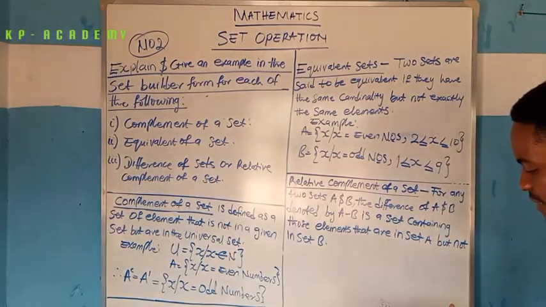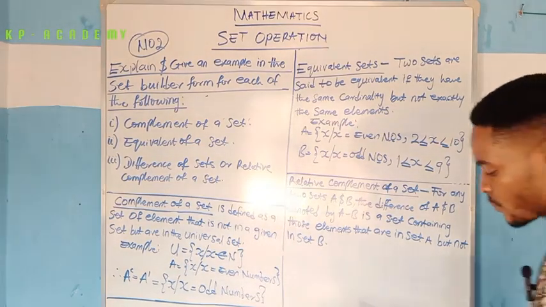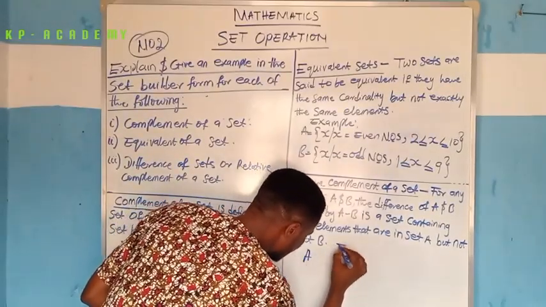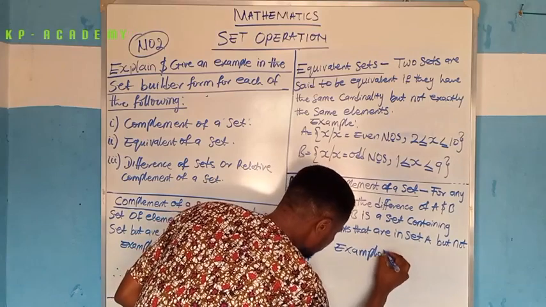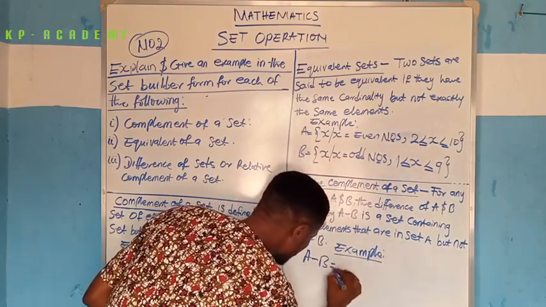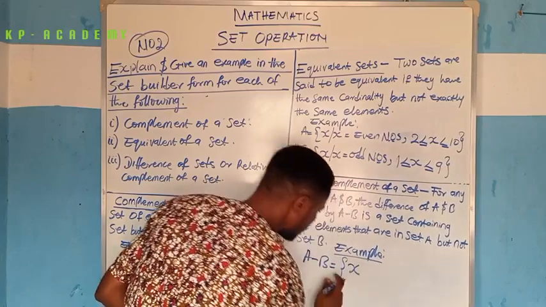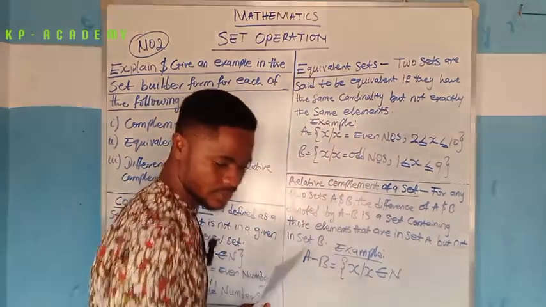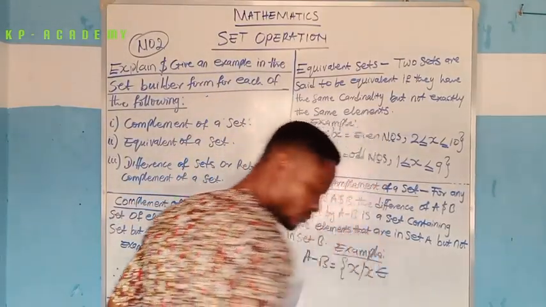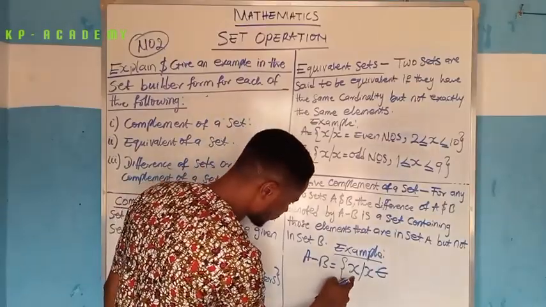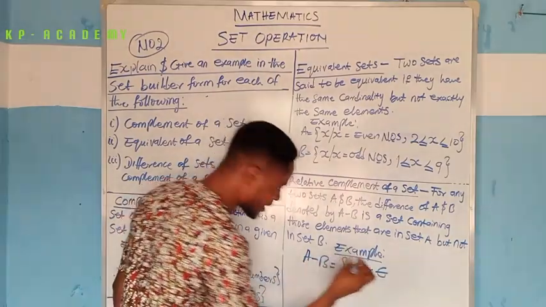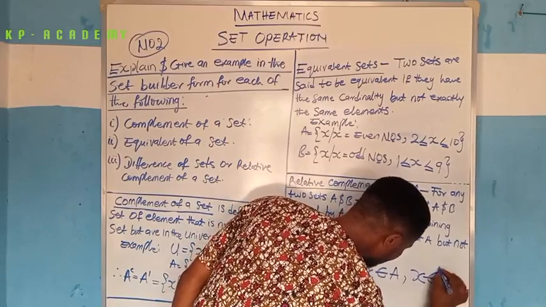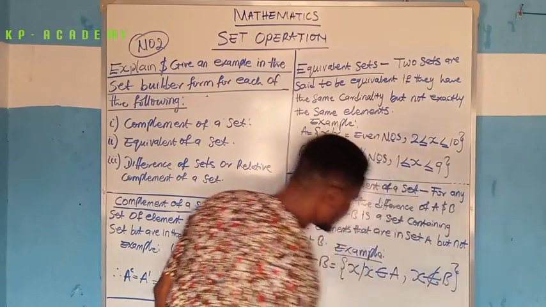This example is going to be in set builder notation. A minus B is going to be the set of X such that X is an element of A and X is not an element of B. This is how we present it.